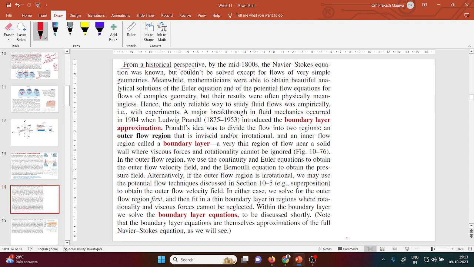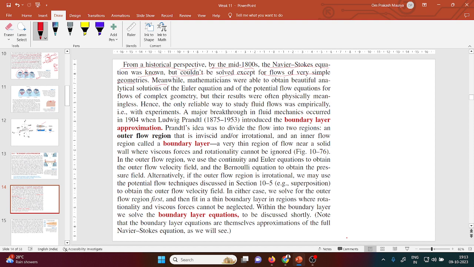From a history perspective, by the mid 1800s, the Navier-Stokes equation was known, but it could not be solved except for flows of very simple geometries. So this was the historical point of view.